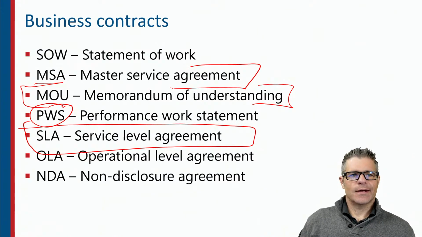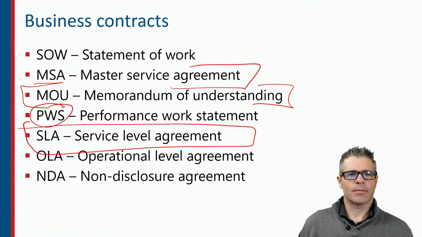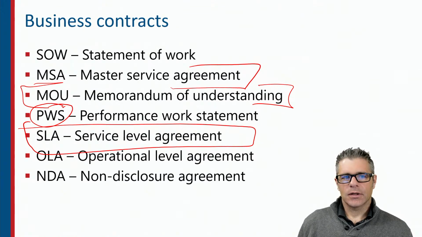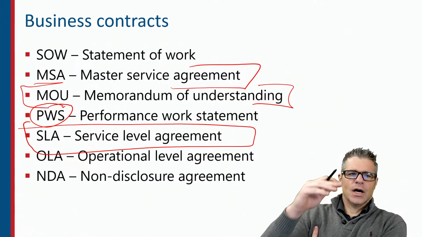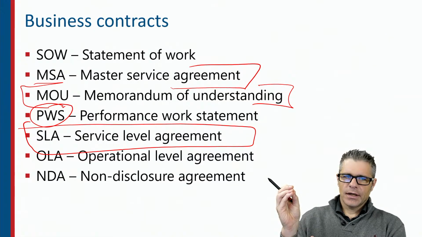They can say things like, what are we going to guarantee you in terms of your data security, or what are we going to promise you in terms of how we're going to treat your network while we're on it, all that sort of stuff. Operational level agreements are like supporting documents for an SLA.